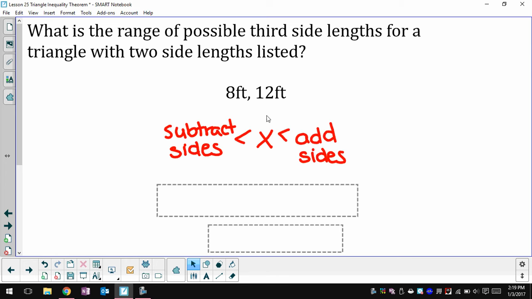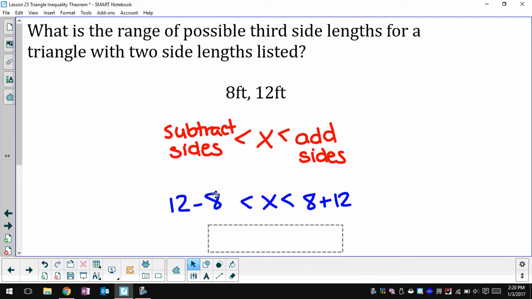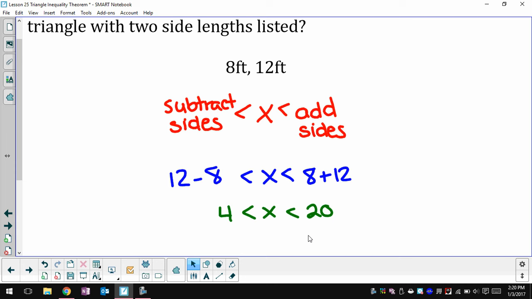The way I do that is kind of simple. This is a range, so x represents my third side length. It's got to be bigger than some number and smaller than some number. Another way to say that would be it's got to be between two numbers. So we start by subtracting the two numbers, and then we also add the two numbers. I'll do 12 minus 8, 8 plus 12, and this builds a range.